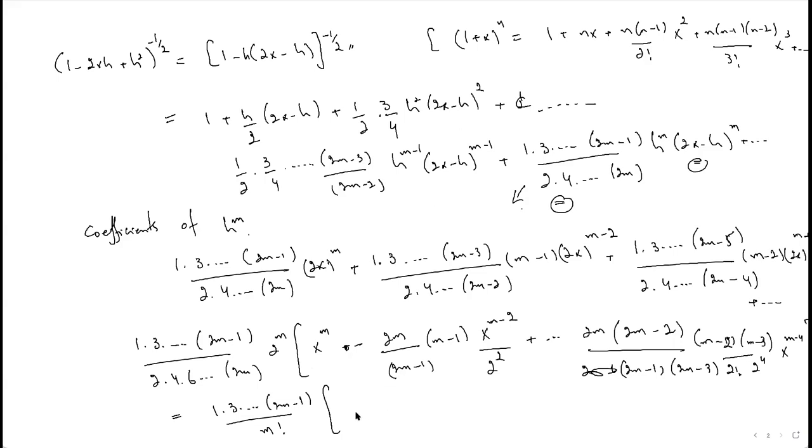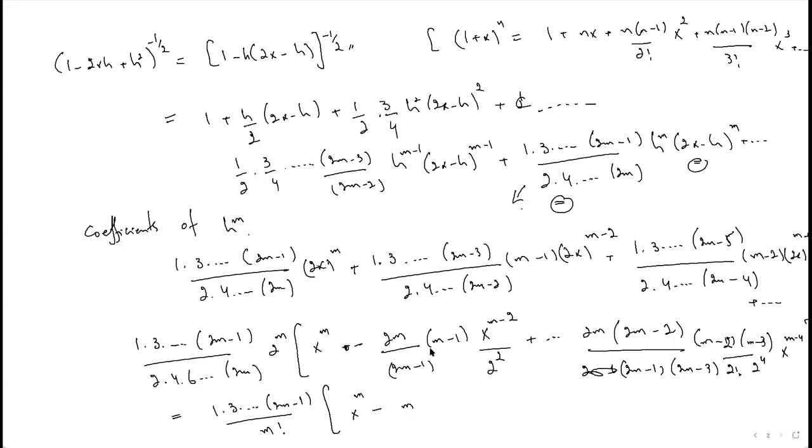I will write the first term, x raised power m as such, minus m into, I will write this as 2 which I took out, 2m minus 1, and it will be 2 raised power m plus 1.